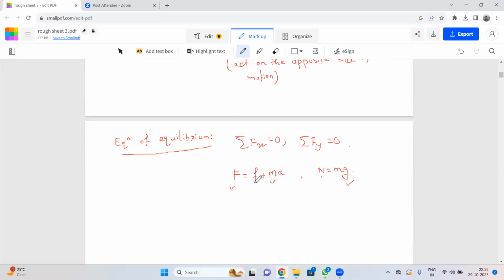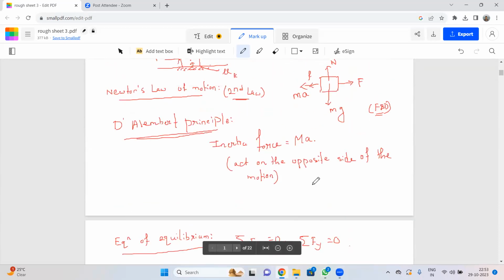So with N and a, there are total three unknowns, but we have only two equations. But we have one more equation, that is the relation between friction force and normal force: f is equal to mu into N. Here we need that mu.